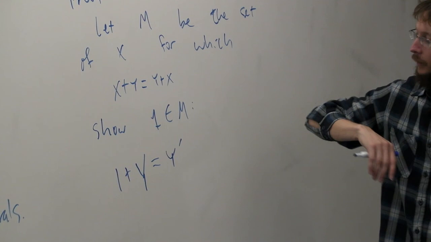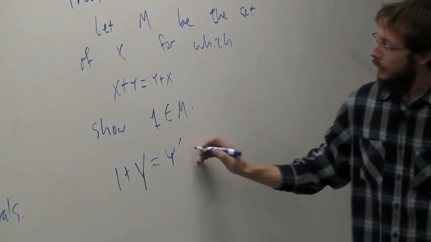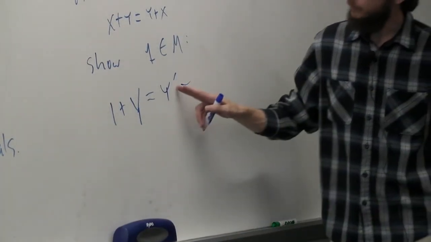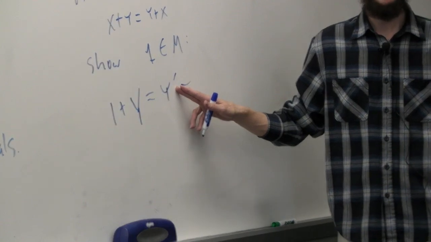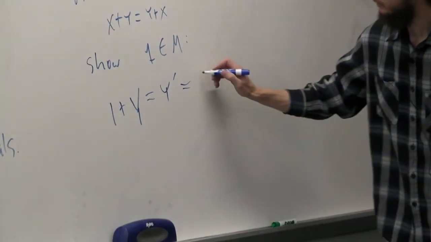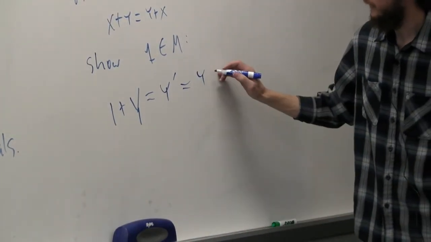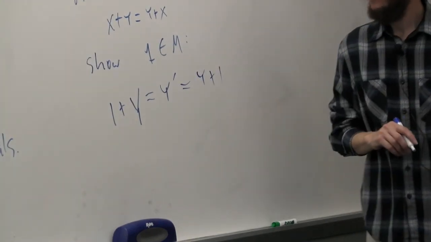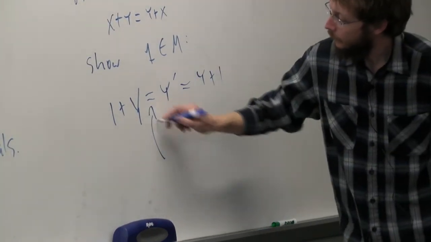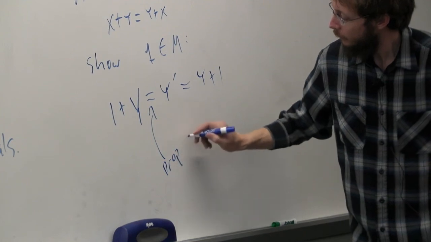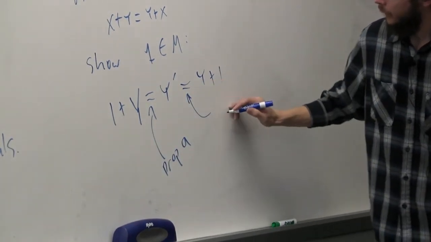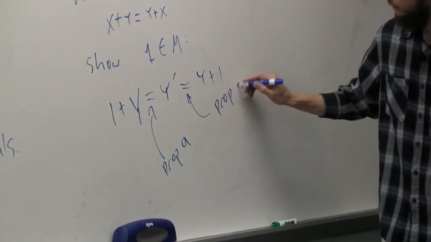In that list, it was property A. But if you have a successor, you can peel it off as a plus 1. Or sorry, not property B, property alpha. So in that list, this is true by property A, and this is true by property alpha.